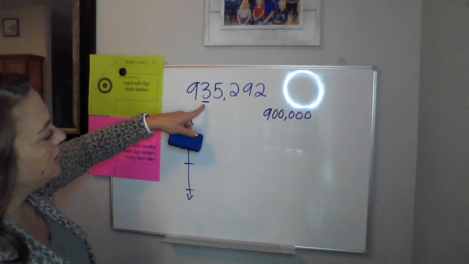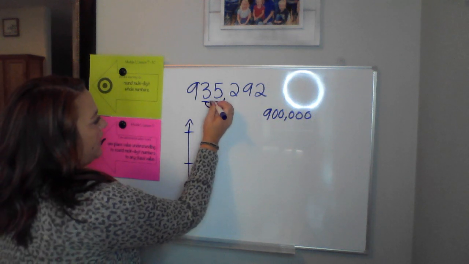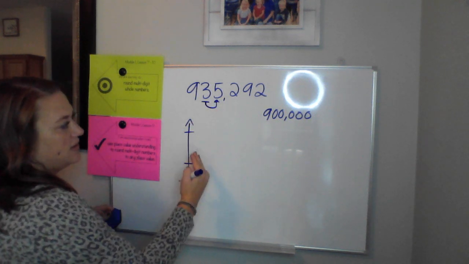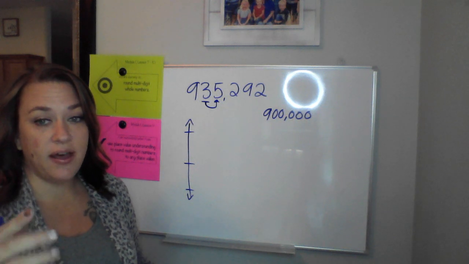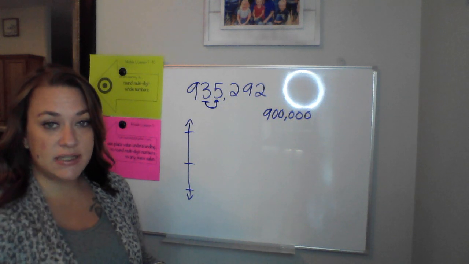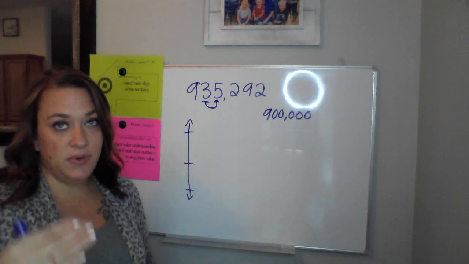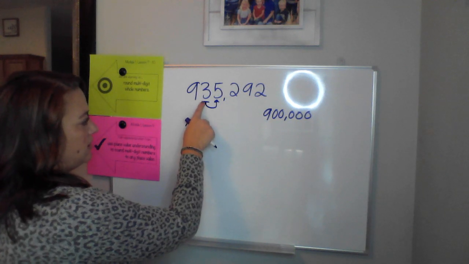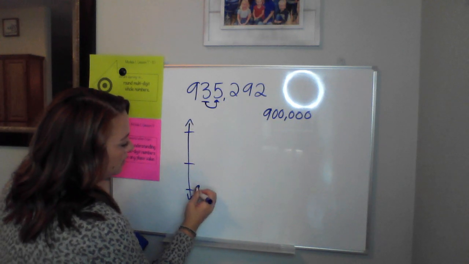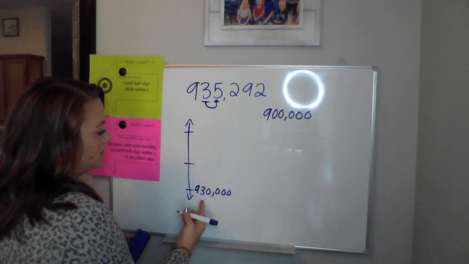So if I look at my 10,000s place, I have a 3. When I look to the right, I have a 5. So that's going to tell us we're probably going to round this up, right? If the number to the right of the place value that we're rounding to is a 5 or more, then we round up. Okay, my low end is going to be 930,000.